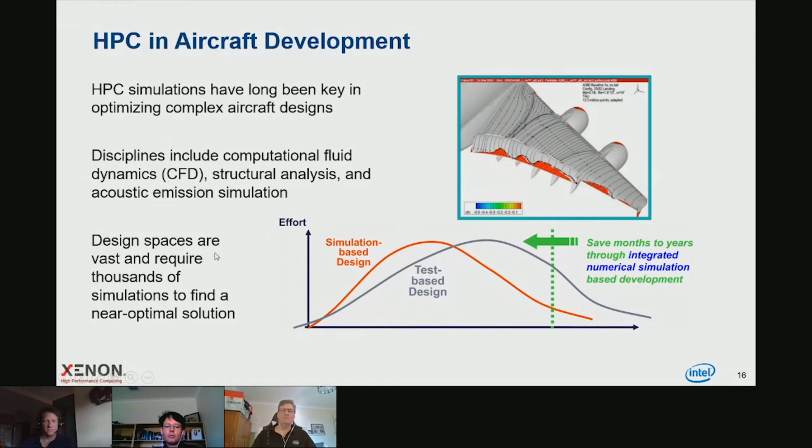And so it requires hundreds and thousands of simulations, even with automated optimization processes which use different algorithms to optimize the design. It still takes a huge number of runs, and that accumulates to quite a long time. So any way to speed up these simulations can in the end save months or even years for such a long-term project.